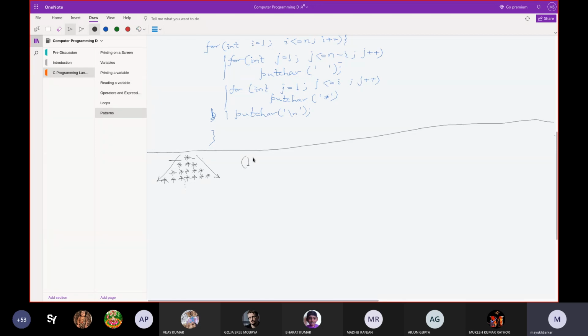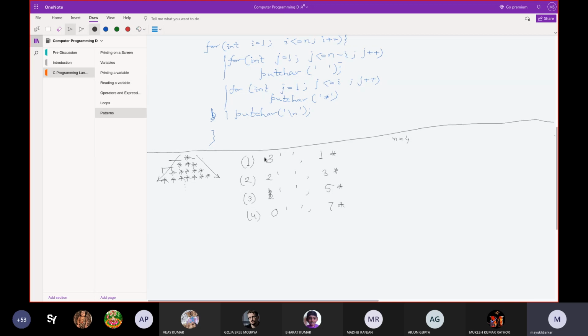On the first row, there are 3 spaces, n is 4, and 1 star. On the second row, there are 2 spaces, and 3 stars. On the third line, there is 1 space, but 5 stars. Whereas on the fourth line, there are 0 spaces and 7 stars.